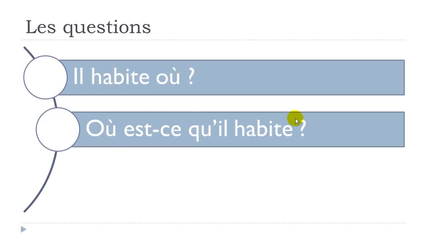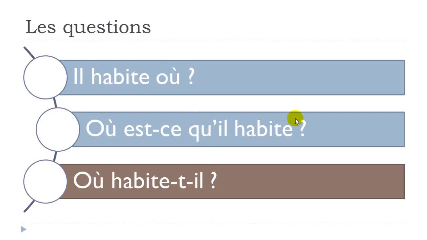Où est-ce qu'il habite? And the last one, the official one. So we start with où, where, then we put the verb, here habiter, to live, and then after that we put the subject, il, okay? And as we've got a vowel here and a vowel here, we will have to add this letter T with a trait d'union or tiret, then il.